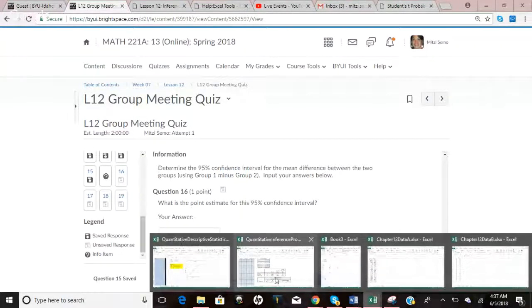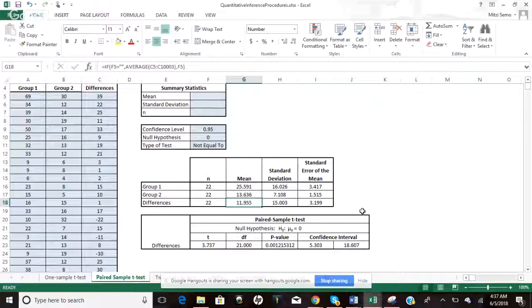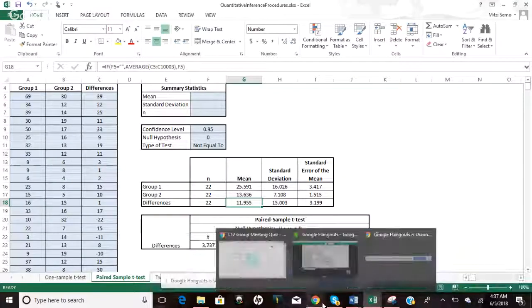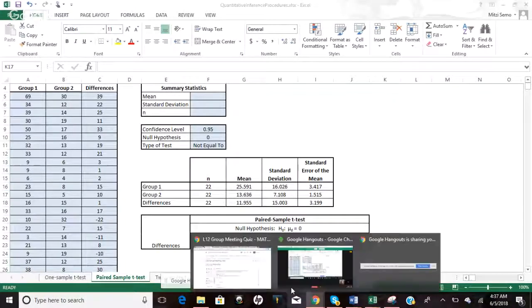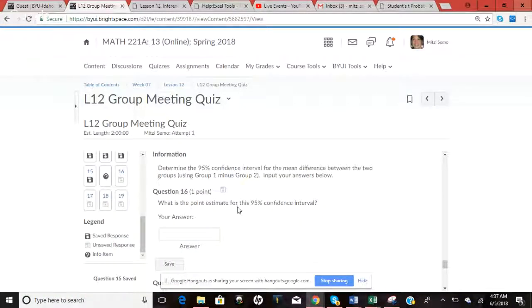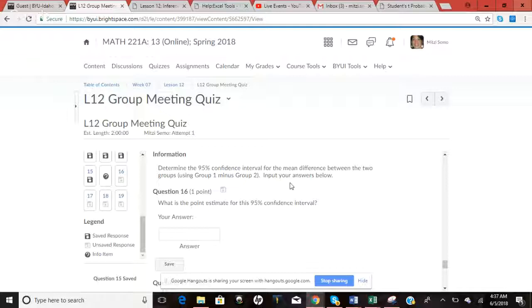I just took that number, that's all. So 11.955, the mean difference here. Oh yeah. But why does it say confidence interval? I'm not sure. They're confusing me. Okay, what is a point estimate for this then? Okay, 11.955, right? Yep.